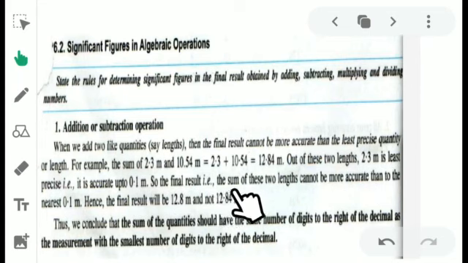So the final result, the sum of the two lengths, cannot be more accurate than the nearest 0.1. Hence the final result will be 12.8 and not 12.84. We conclude that the sum of the quantities should have the same number of digits to the right of the decimal as the measurement with the smallest number of digits to the right of the decimal.